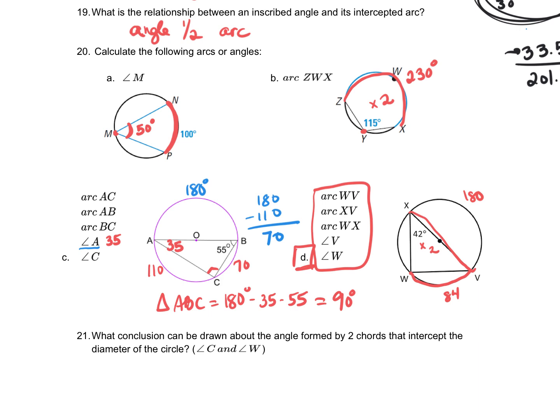WX, you notice we have the diameter here. WV is 84, so WX would be just 180 minus 84, giving me a total of 96 degrees. And I need to erase this a little bit because I'm having a hard time seeing my circle here.